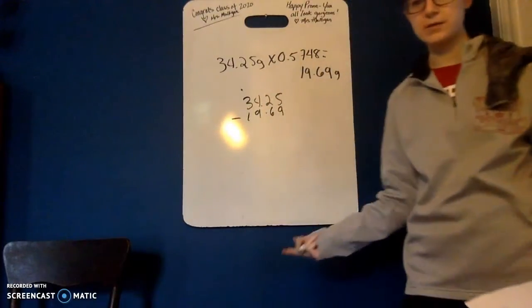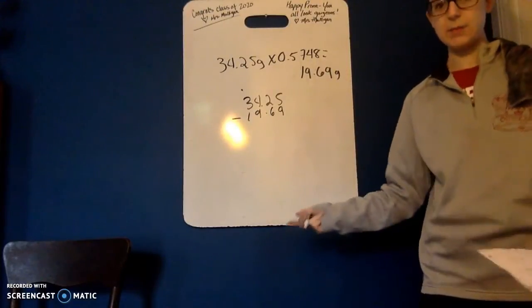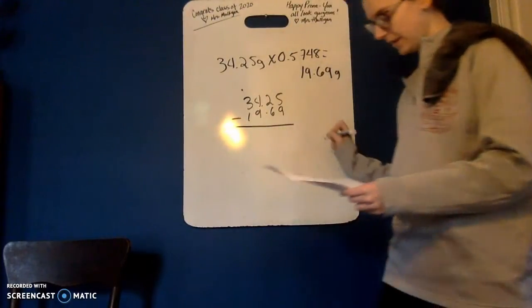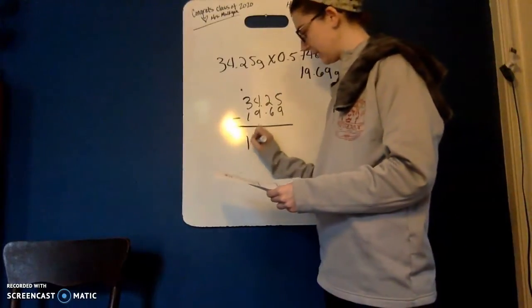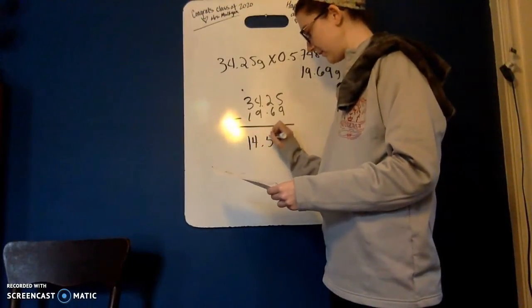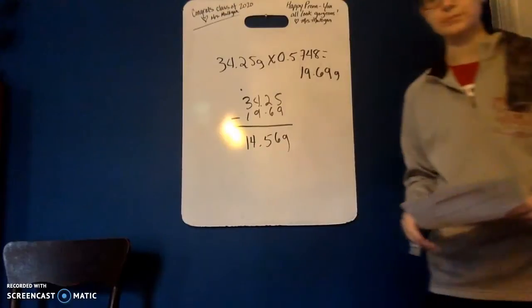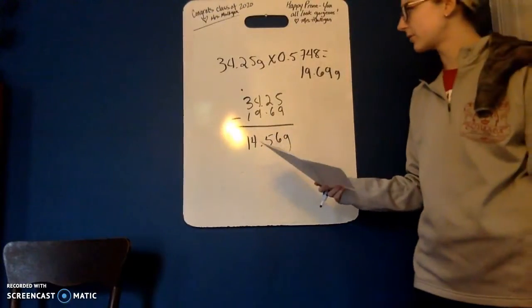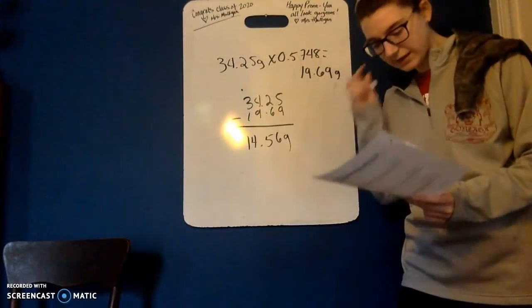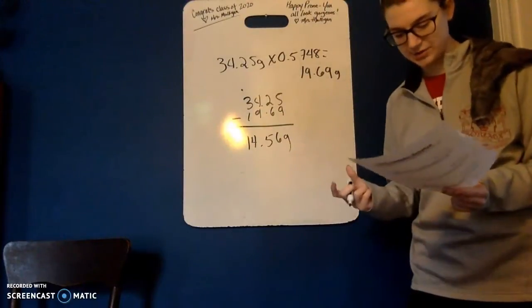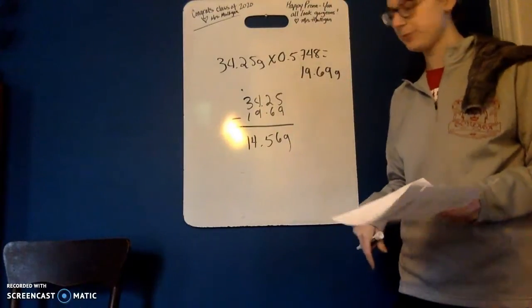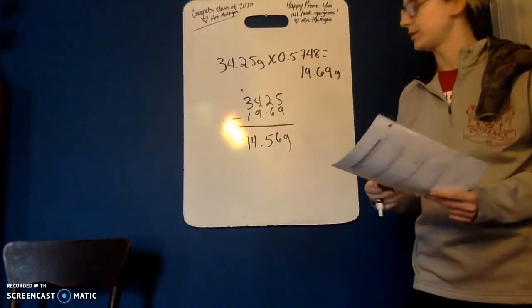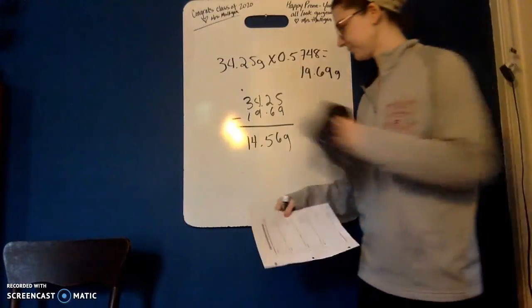Because remember, the remainder of the sample is just the sum of hydrogen and oxygen. And that should give you an answer of 14.56 grams. Okay, so that's how I solve for it, but you could add together the percents of oxygen and hydrogen, which would be 42.52, and multiply 34.25 by that percent.